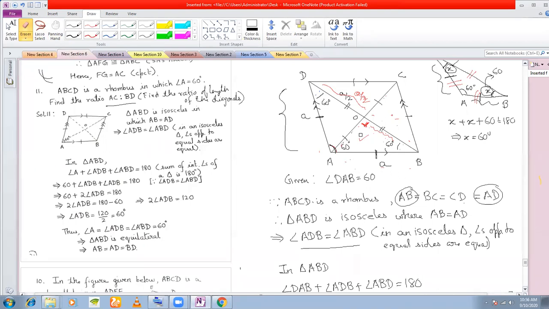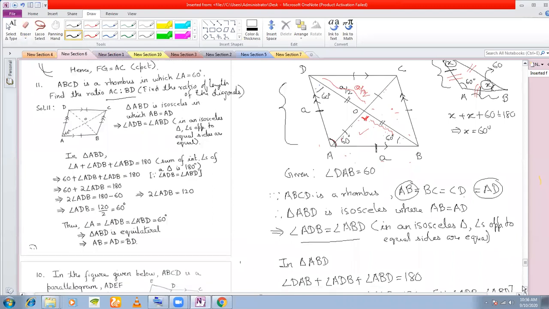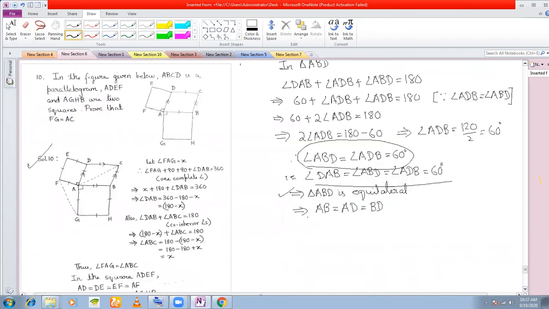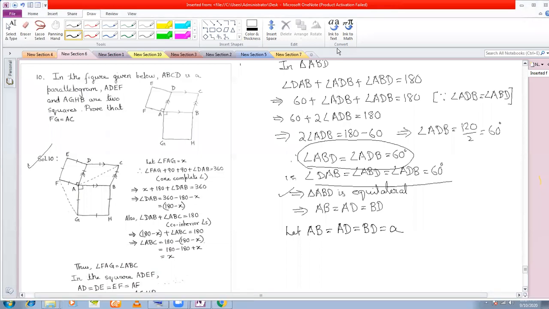Okay. So what we do is we proceed to find OA first. Once I've proved this to be equilateral, let us say AB is equal to AD is equal to BD is equal to A. Now BD is the diagonal, right?